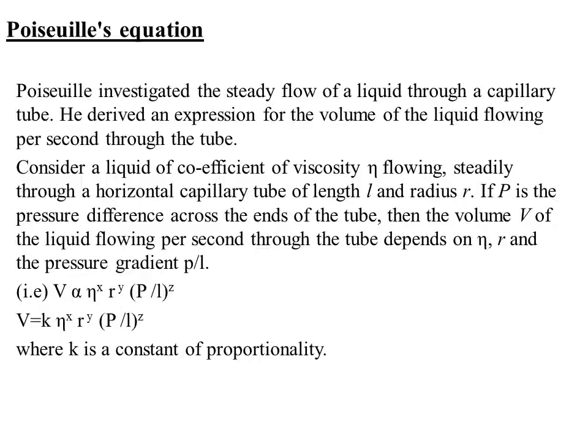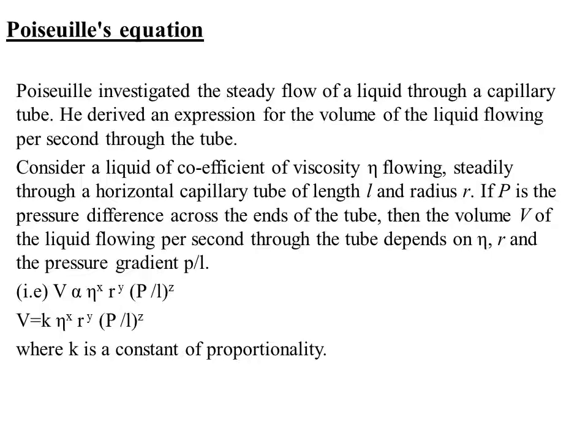If P is the pressure difference across the ends of the tube, then the volume V of the liquid flowing per second through the tube depends on eta, R, and the pressure gradient P by L. So V is directly proportional to eta to the power x, R to the power y, and P by L to the power z.